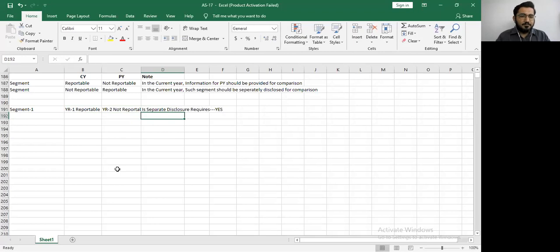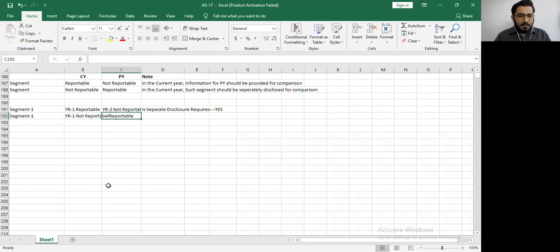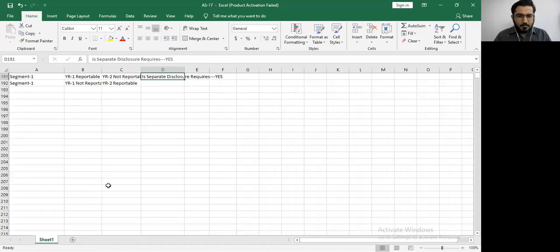Yes, it is required. Okay. Same segment 1: Year 1 not reportable, Year 2 reportable. Is separate disclosure required? Yes. Okay.